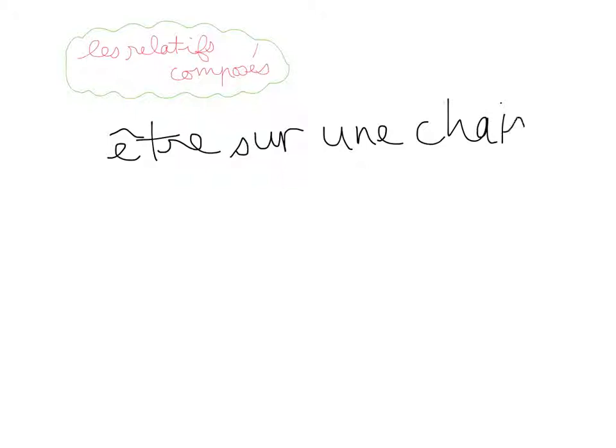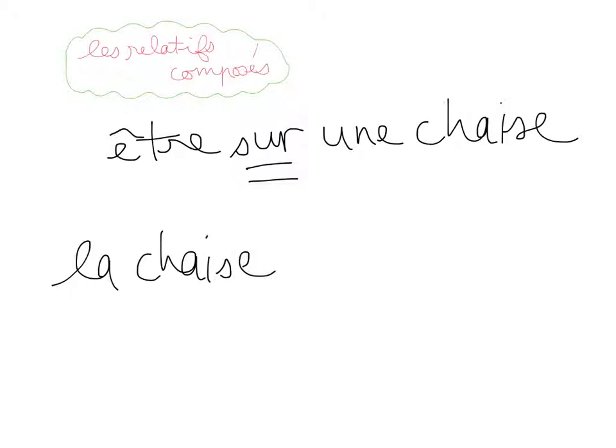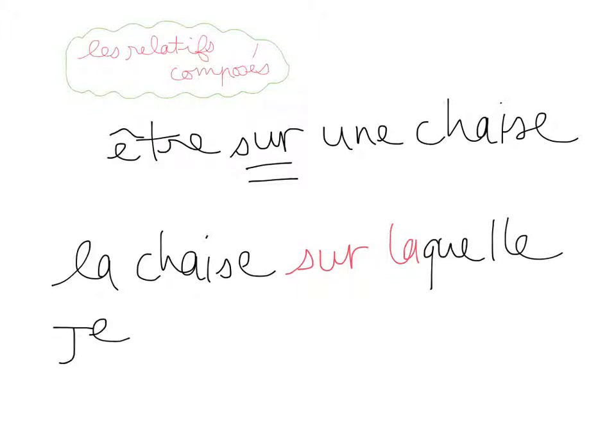And because we have that preposition right here, we are going to say la chaise sur, chaise is feminine, laquelle, la chaise sur laquelle je suis est verte.